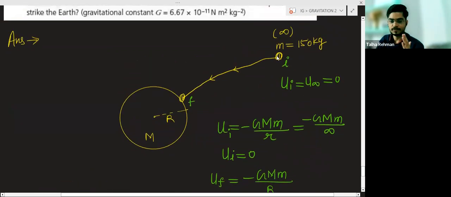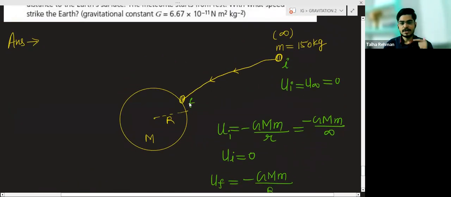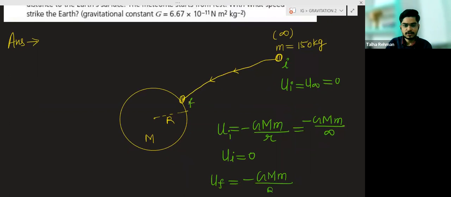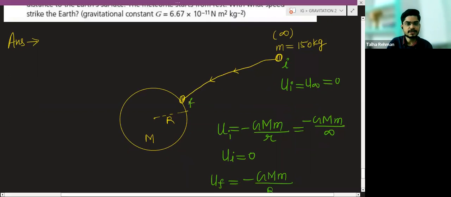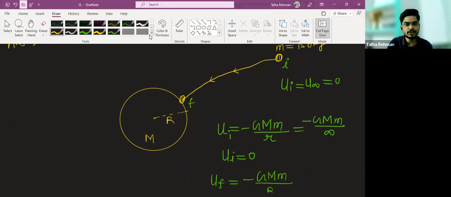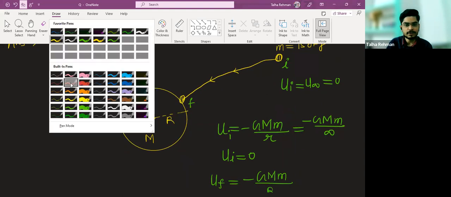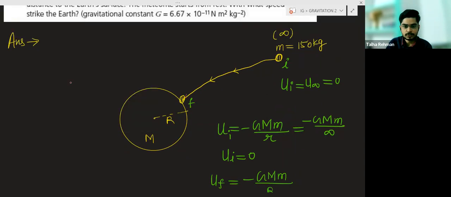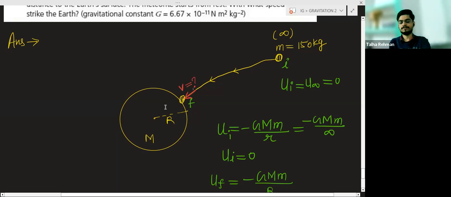So meteorite moving from infinity to the surface of earth, there will be some velocity with which the meteorite will strike the surface of the earth, and that velocity they are asking. So suppose v is the velocity with which the meteorite is striking, and that we have to find.